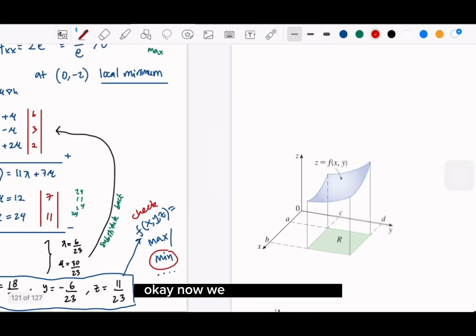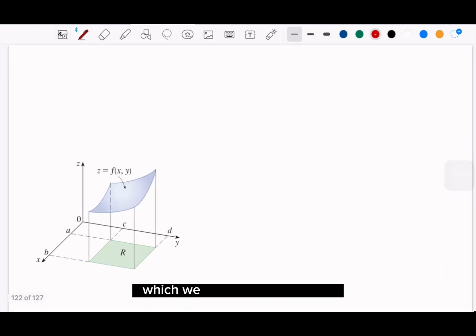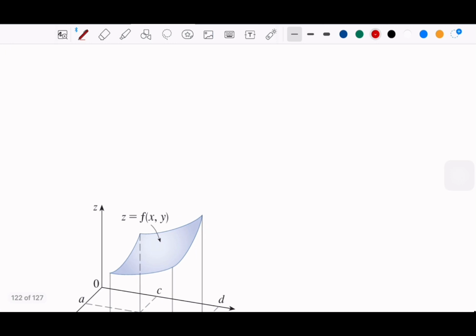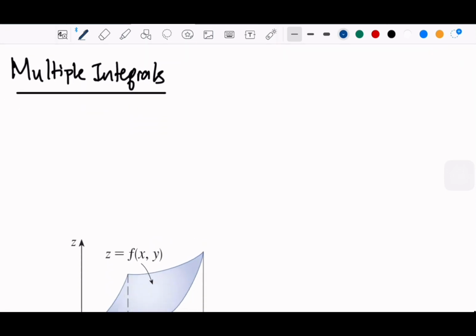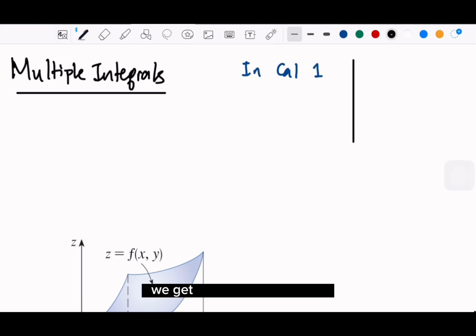Now we move to this part, which we call the multiple integrals. So, just a quick note. In calculus 1, we get to define the integral.